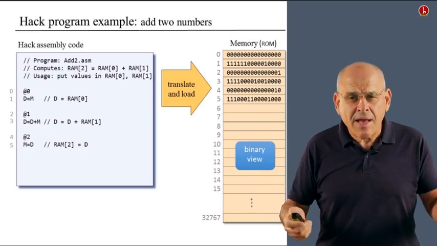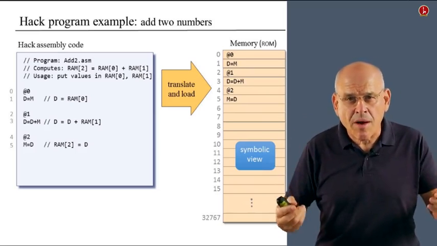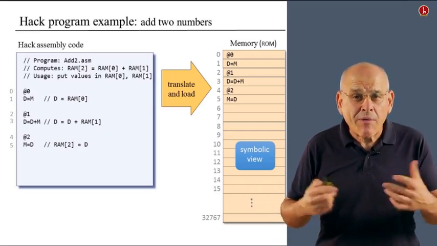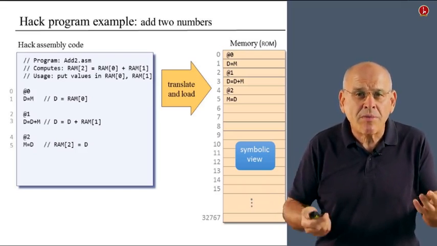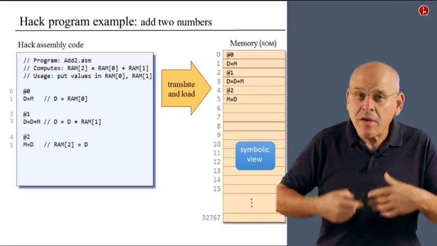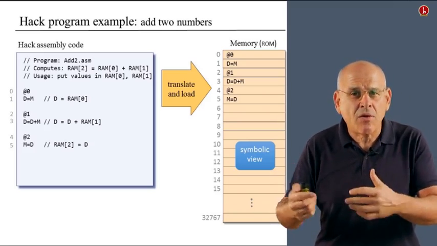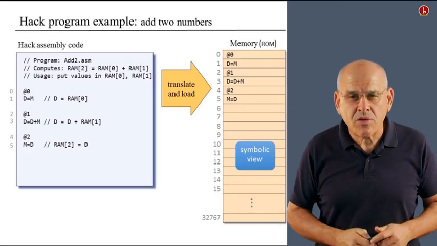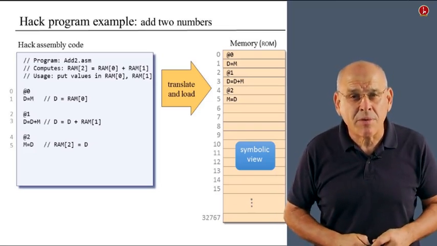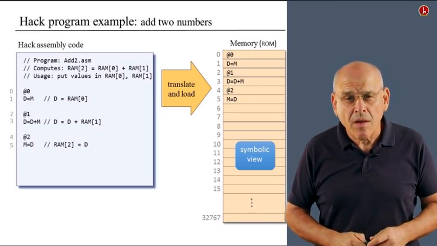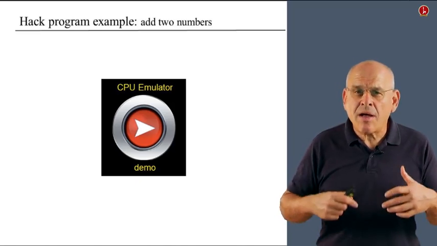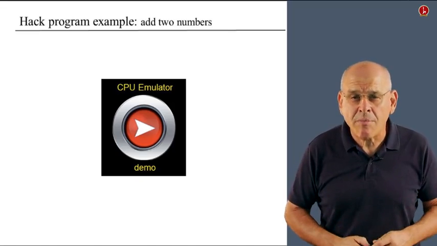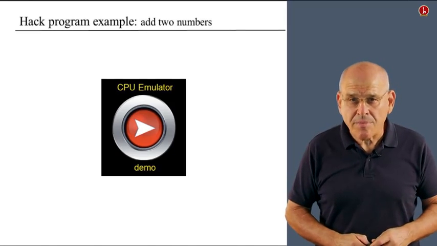But typically, once again, it's much easier to think about the program, talk about it, and debug it when the program is written in symbolic form, and therefore we recommend that, when you try to understand what a program is doing, do it symbolically, and only when you're ready to run it, if you want, you can take a look at the binary code, but it's very difficult to decode what the binary code is doing. So we are fortunate to have all these symbols to make our programs more readable. All right, so with that in mind, I'd like to invoke the CPU emulator and give you a demo of how this program is actually executing.